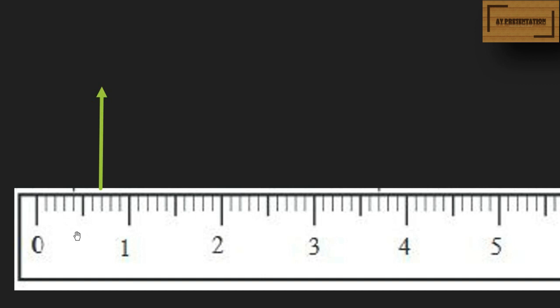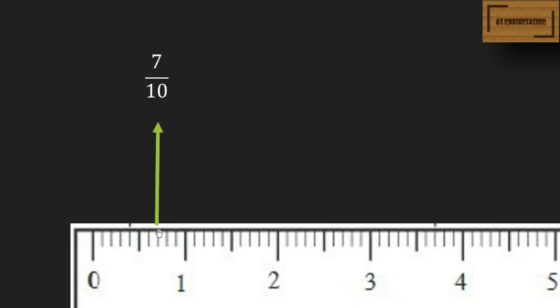Student, always remember the denominator at any place on this number line depends on the marks from 0 to 1. So here 0 to 1 marks are 10. So always the denominator is 10, and the arrow is on the mark 1, 2, 3, 4, 5, 6, 7. So the numerator is 7 and the denominator is 10.